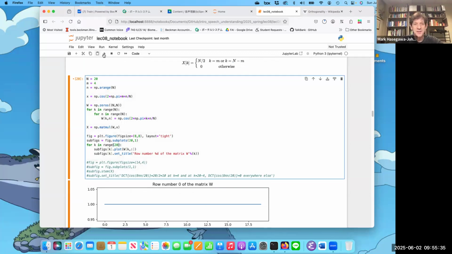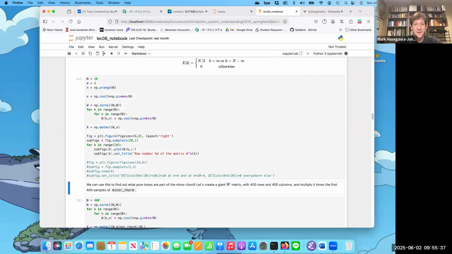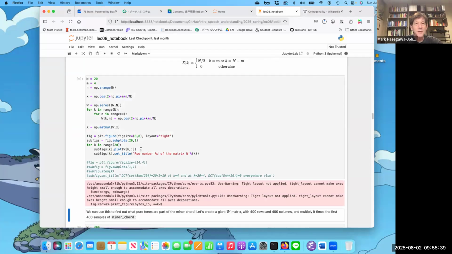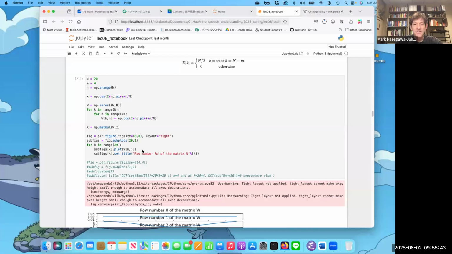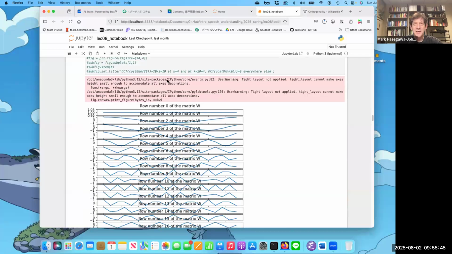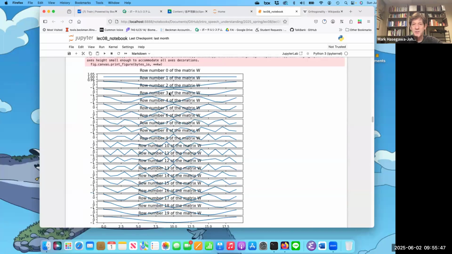Let's see if we can do that and still see the contents. All right, here's all of the 20 rows of the matrix, and you can see that the frequency of the cosine gets higher and higher until the frequency starts to get lower and lower again.